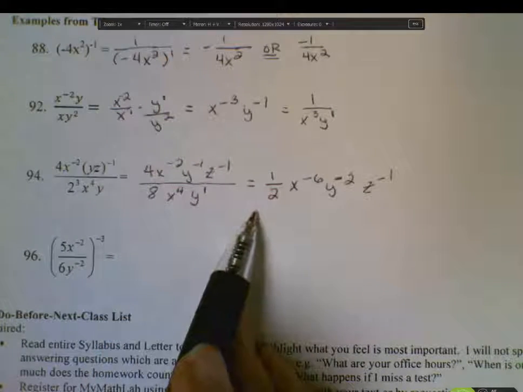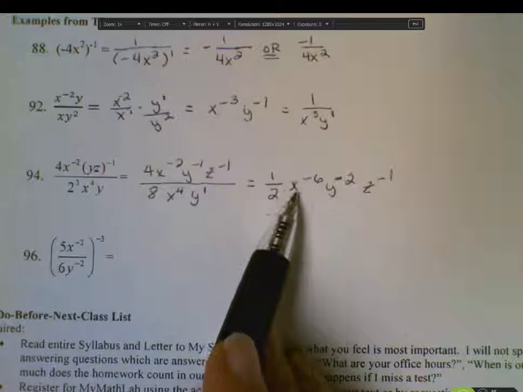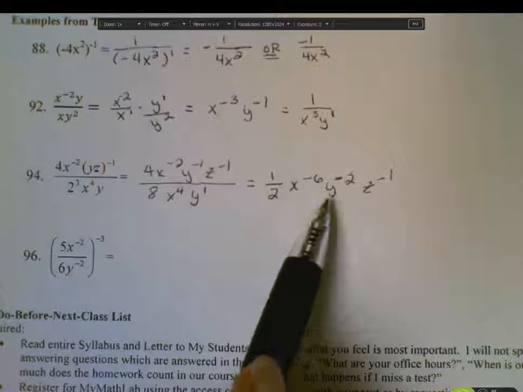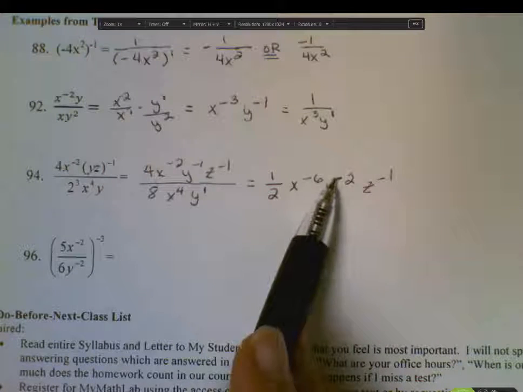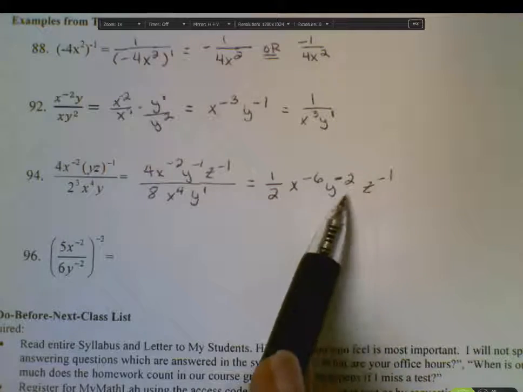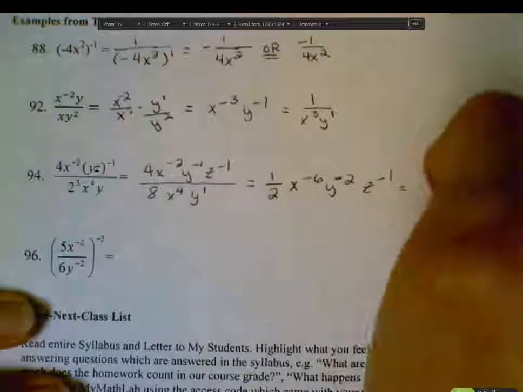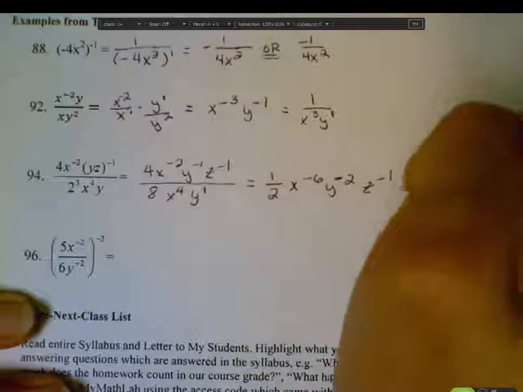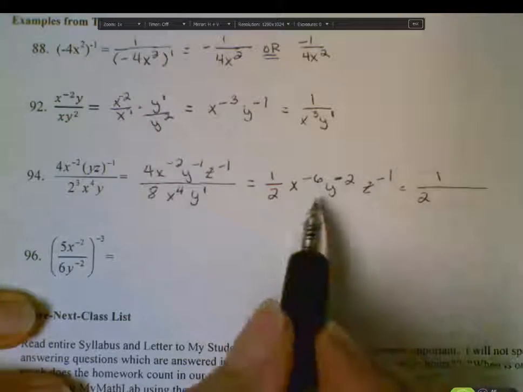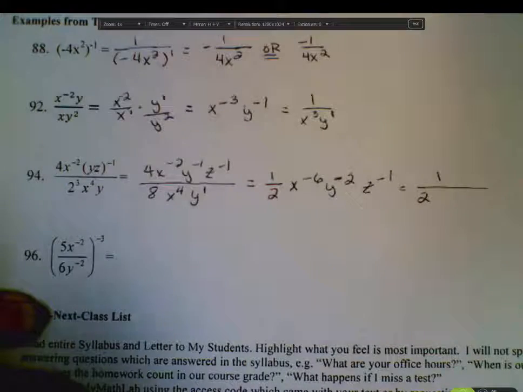Now I could take one more middle step before my final answer. I could write that x to the negative 6 as 1 over x to the 6th. I could write that y to the negative 2 as 1 over y squared, and I could write that z to the negative 1 as 1 over z. But if I just remember, these factors that have negative exponents are all going to end up in the denominator.